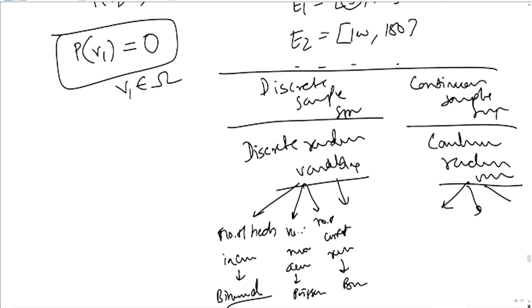Continuous cases are, let us say, reaction time observed in an experiment, heights of individuals observed in a population, or marks in a class. For example, this can be a normal random variable, and RTs could be a log normal random variable. So, we will see these common examples.